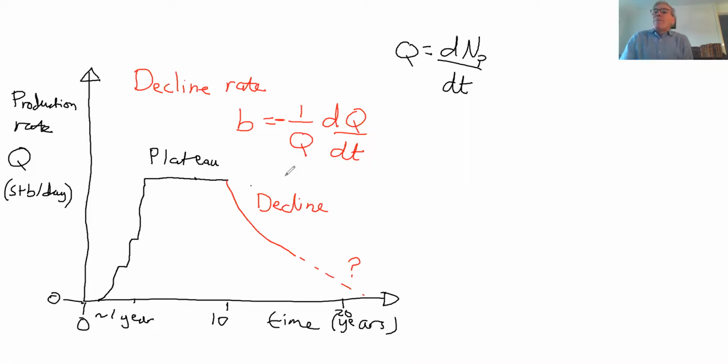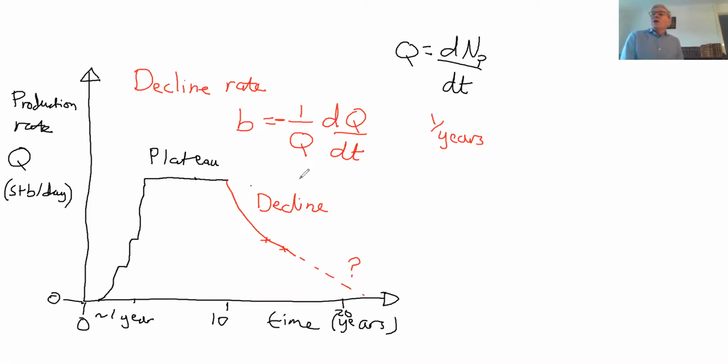And normally what we do is, how this is actually measured in terms of units. Q may be in stock tank barrels a day, but you may take the production, for instance, last year and the production the same time this year, and you look at it on a yearly basis. So the typical units of D are actually 1 over years. Right? Okay, so the units of Q cancel.